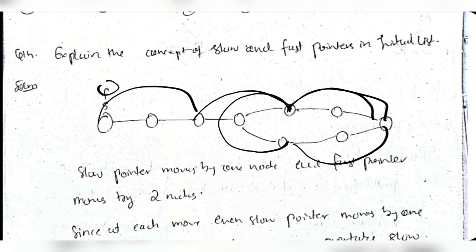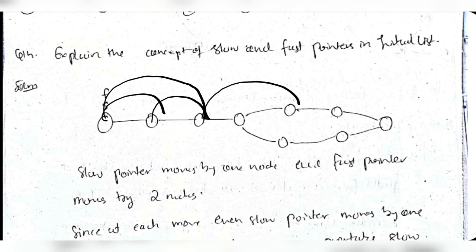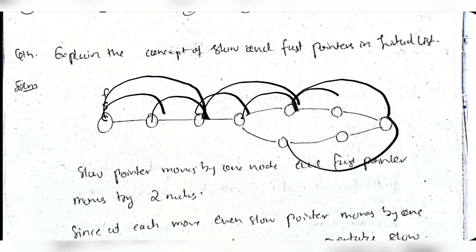So how can we detect a cycle? In a cycle, s will come here for the first time, f will be 2 steps ahead, here. Then s moves on, f moves 2 steps, and so on, until both are coming to the same location.